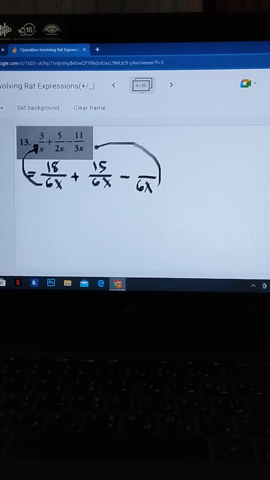Then 6x divided by 3x is equal to 2, times 11 is 22.